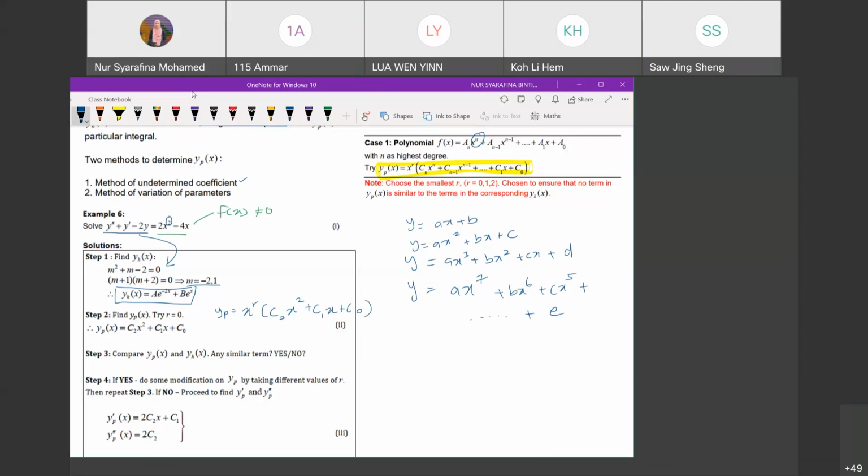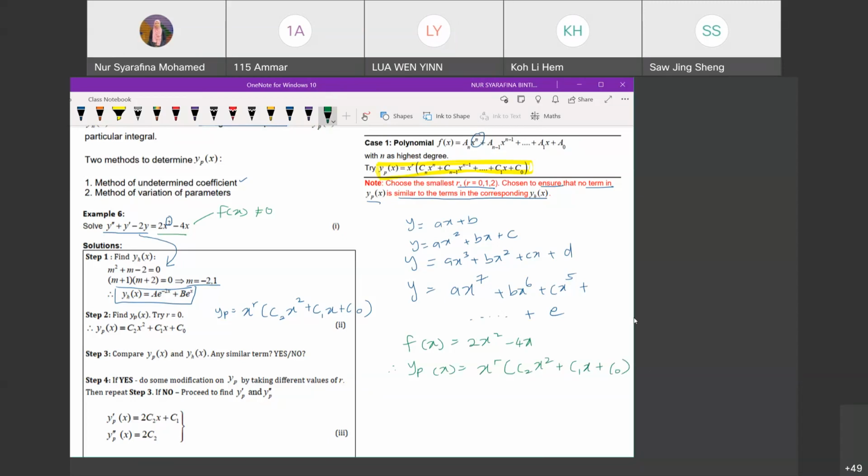Okay, so now choose the smallest r, where r is from 0, 1, 2, and so on, so that we ensure that no term in YP is similar to the terms in YH. First, you know that your f(x) equals 2x squared minus 4x, which is a quadratic, and this is a polynomial. Then YP(x) equals x^r times (c_2 x squared plus c_1 x plus c_0).